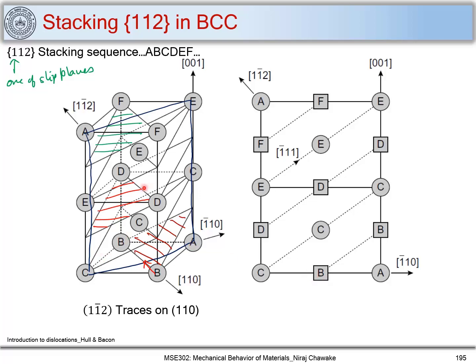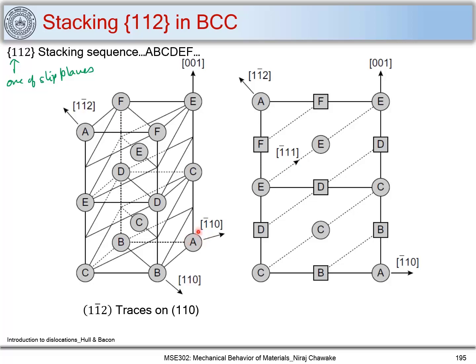Similarly, you project all the atoms and you get this kind of stacking. So I'll remove this, and when I'm projecting these atoms on the 110 plane, we'll get this kind of structure. Now let's look at this stacking in more detail.